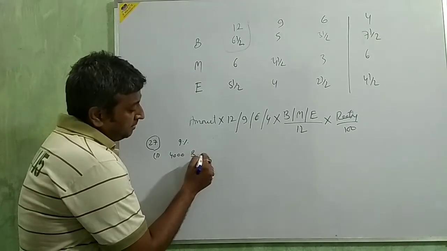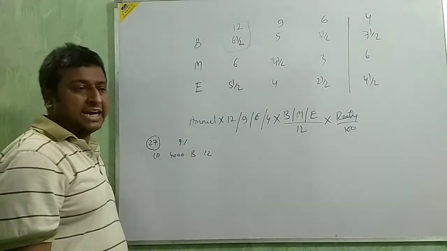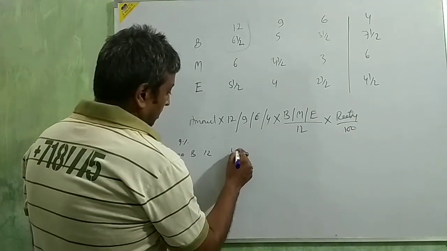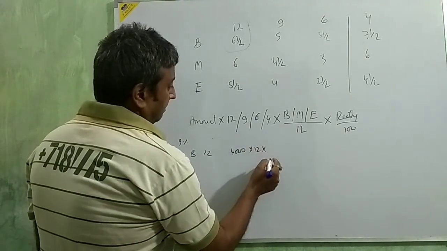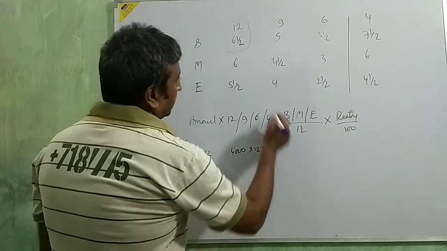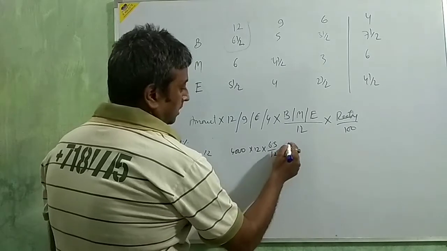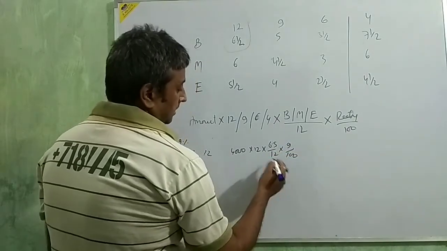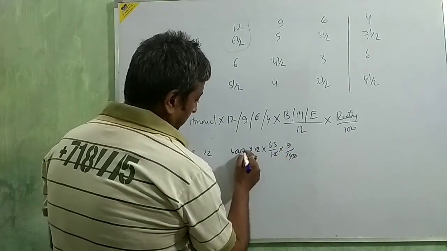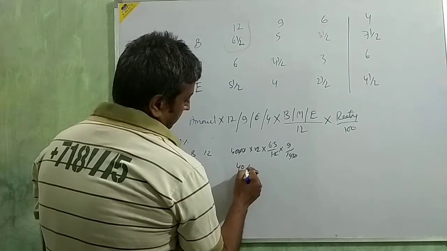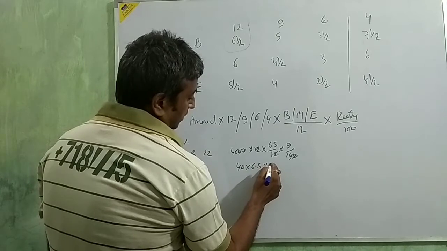No month is given, so it means 12 months. Calculate 4,000 into 12, and beginning means 6.5 upon 12 into 9 upon 100. Just calculate. 4 into 6.5 into 9.